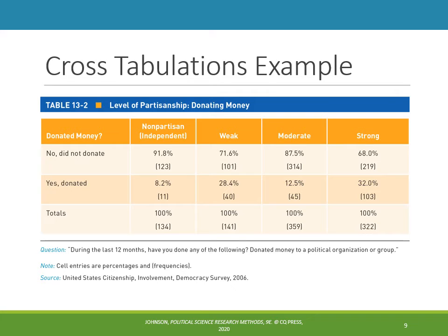So we see here, as we talked about earlier, that correlation, that association between two variables: as the party identification is stronger, the more likely a person is to donate. They donate at greater rates. Those with higher party identification donate at greater rates, and those with lower party identification donate at lower rates.